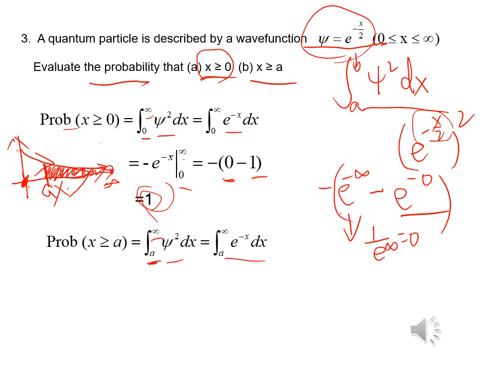We do the same thing. We get negative e to the negative x, but from a to infinity. That gives you 0 minus e to the negative a. So the answer is e to the negative a power. That would be the probability in the range x greater than or equal to a.